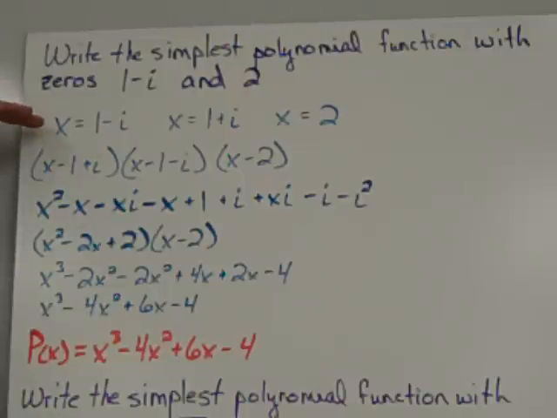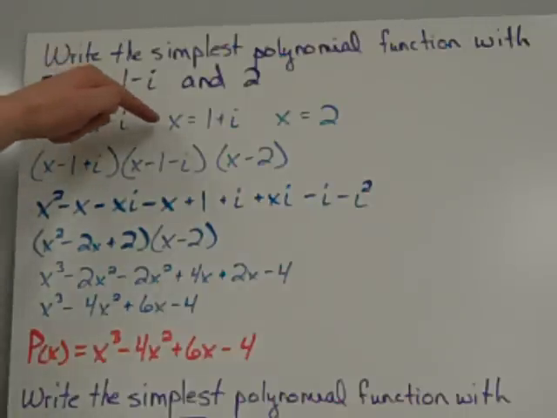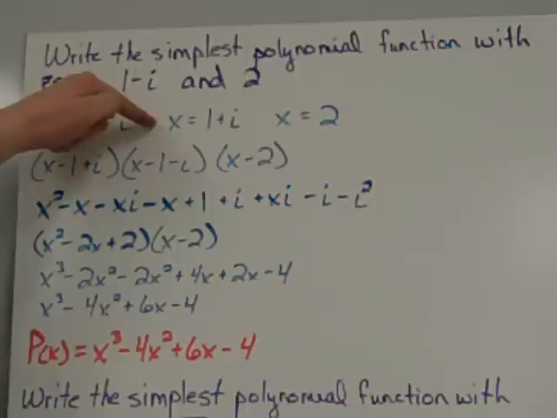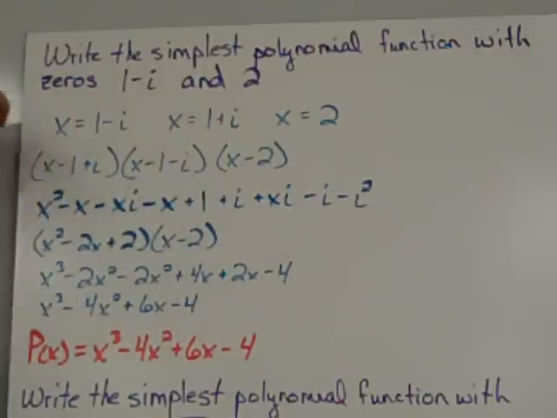Well, since one of your roots or zeros is x equals 1 minus i, by the complex conjugate root theorem, x equals 1 plus i also has to be a root, so you have to include it. You have to put it in yourself. And then of course x equals 2 is also a root. Now, just like before, we're going to write them as factors.